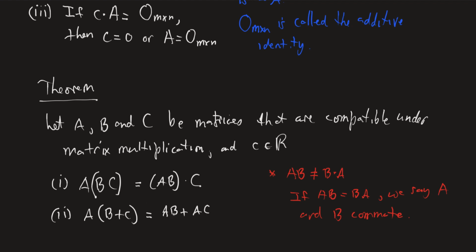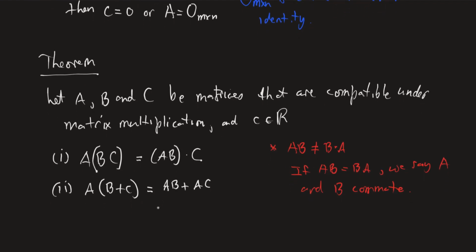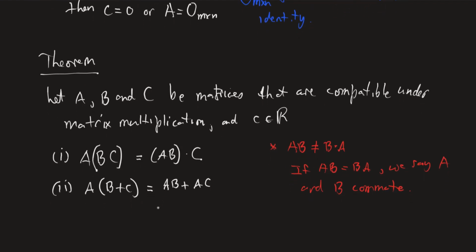But I cannot change the order again. So we have our distributive property, and it works similarly to the earlier pair of distributive properties that we stated. That one was with a scalar. Now this one is with a matrix.